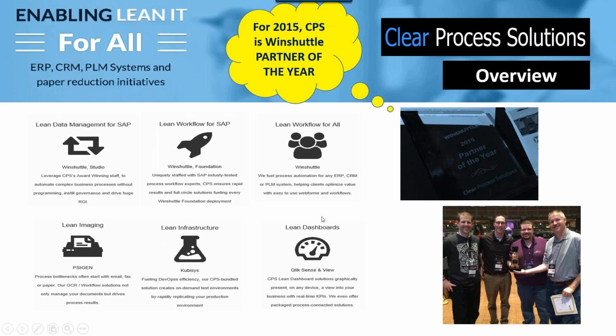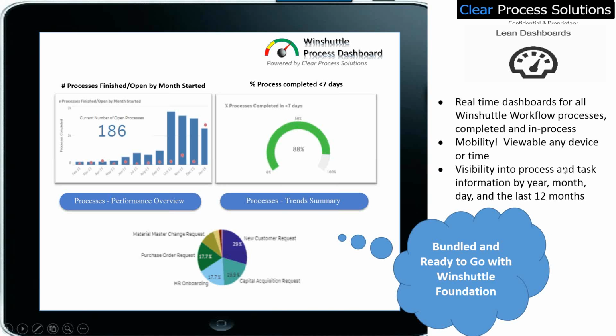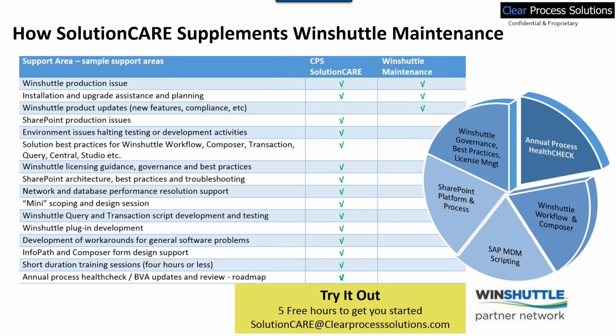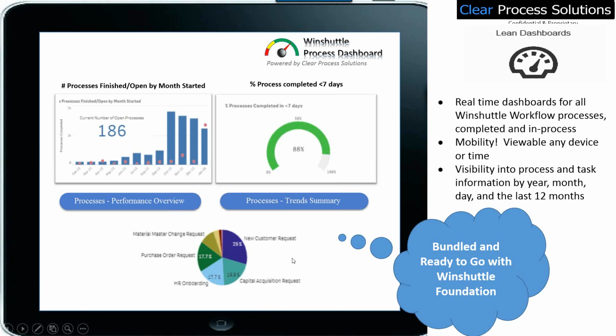One of the new products that we're coming up with is the Process BI dashboard that specifically looks at your forms and workflow tool set, your Winshuttle forms and workflow. So you're spending all this time generating these great solutions to automate your business process, and you're getting all these timestamps now on your forms and workflow.